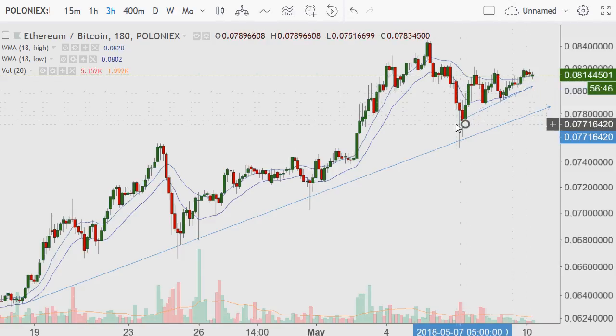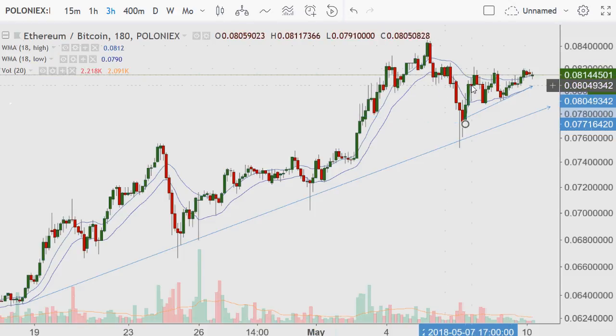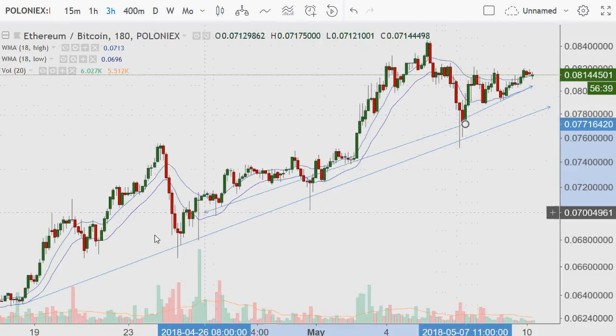I don't like doing these lines per se on this site, other than the horizontal rays, because they're easy to do.